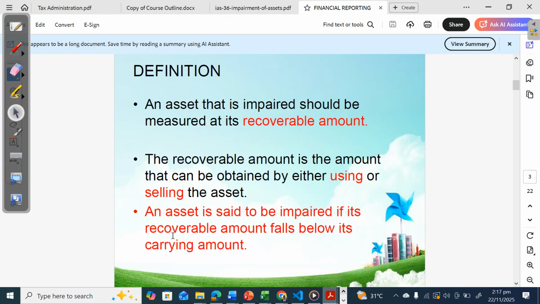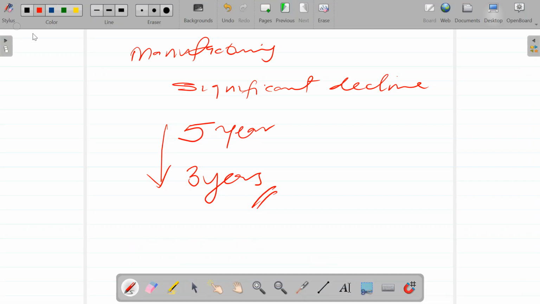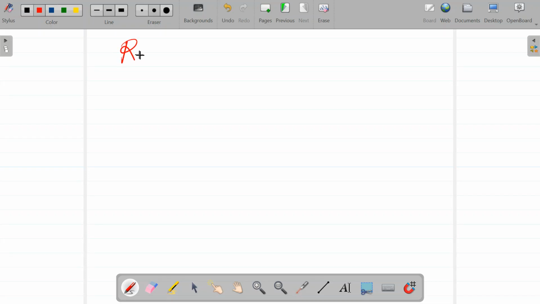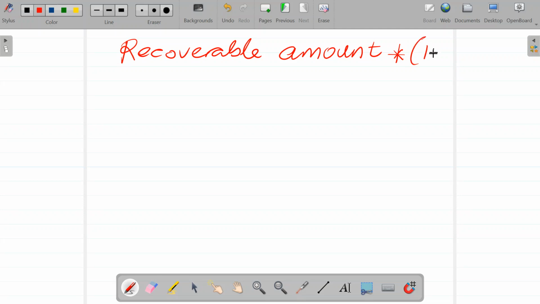So if you suspect an asset is impaired, then you have to determine the asset's recoverable amount. This is an important term under IAS 36. This term is one of the key terms under IAS 36.